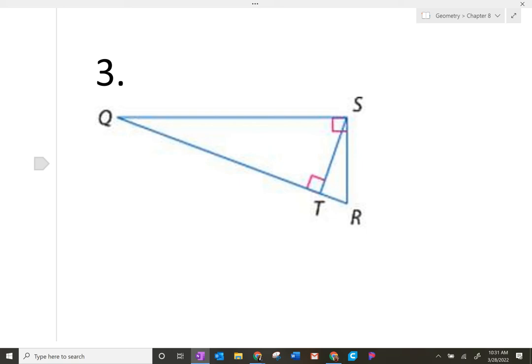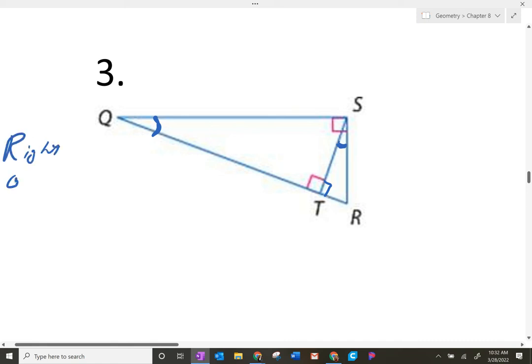Okay, just a reminder, this is also a right angle. This arc over here and this arc up here are going to be the same. So when I do mine, I go from my right angle, to my arc, to my nothing.